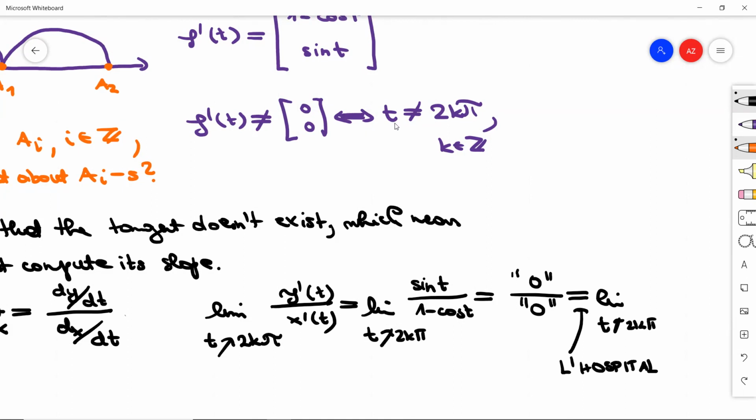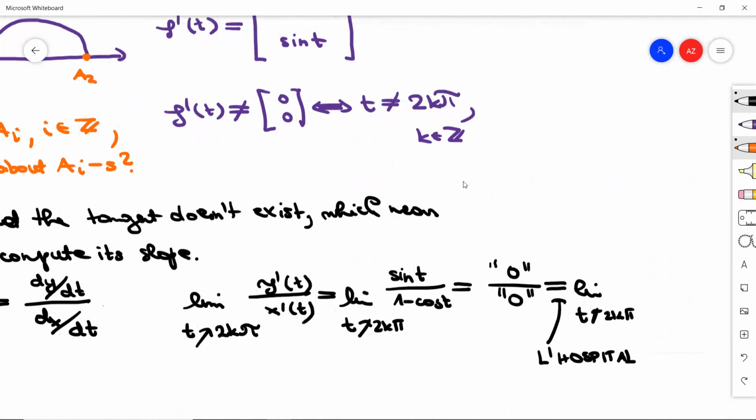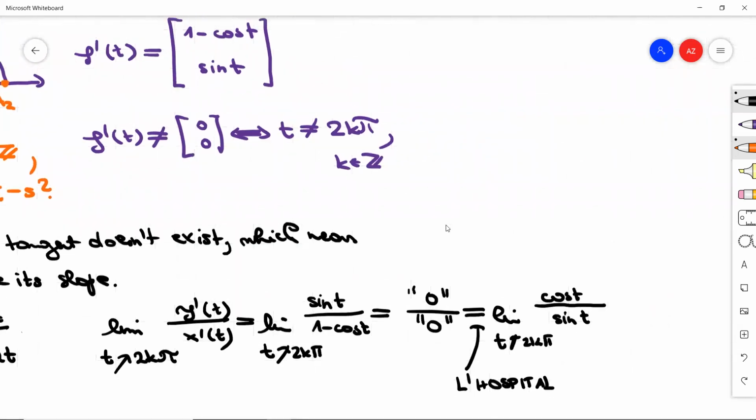So we have to differentiate both numerator and denominator. We get cosine t in the numerator and sine t in the denominator. Okay, and what do we get? In the numerator, we get cosine of 2k pi. When we go to, for example, 2 pi from the left, if we draw a circle, this is the best thing to visualize cosines.